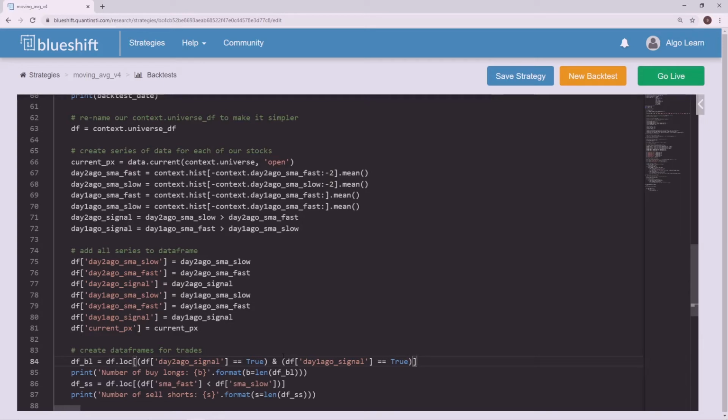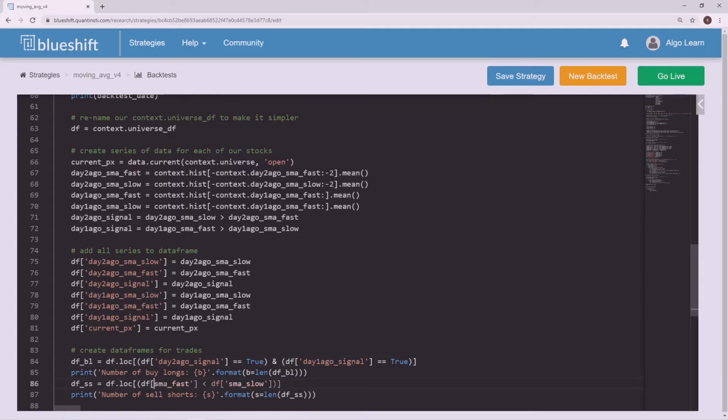So again, if the stock has these two signals as true, then they met the criteria for the buy strategy. And that stock will be populated into the DF_BL data frame. And then we're going to just print out the number of longs just so we know how many went into the data frame.